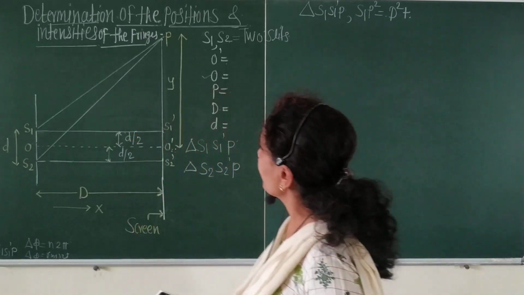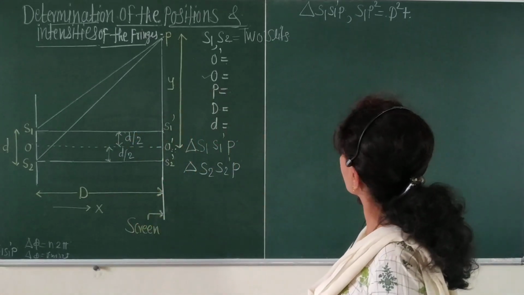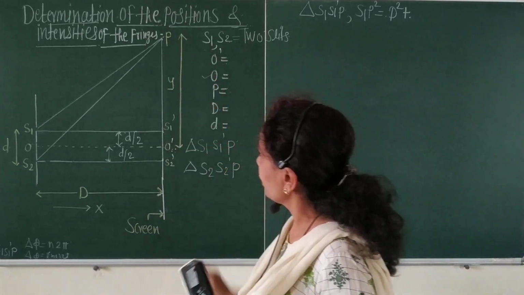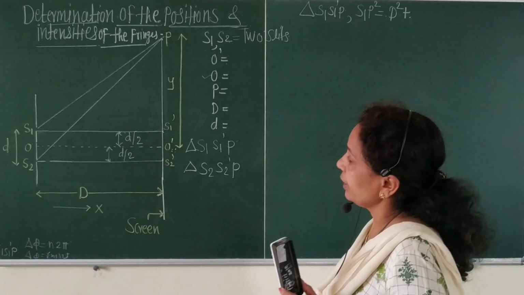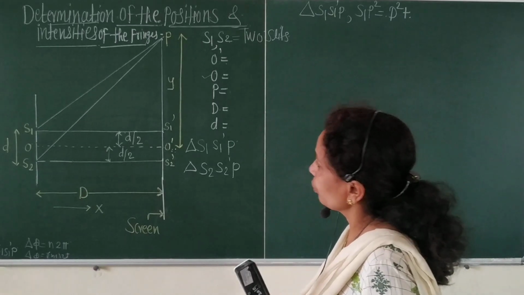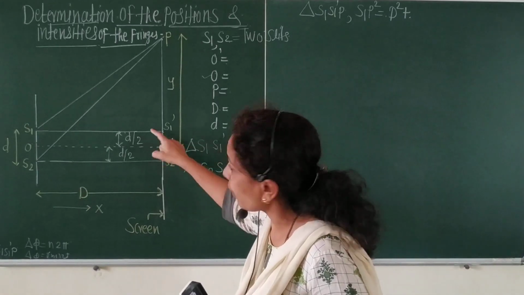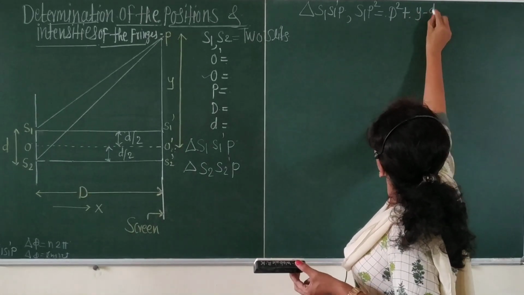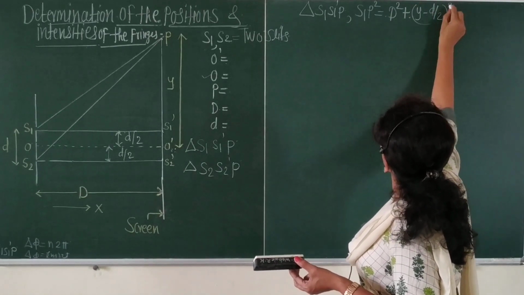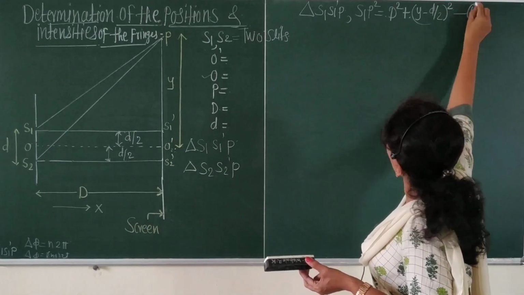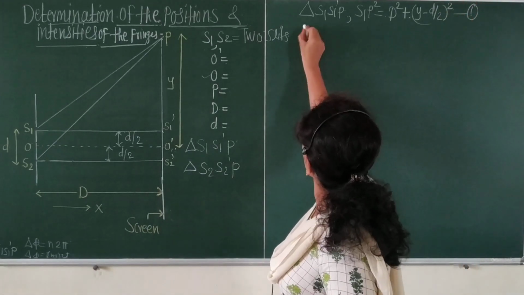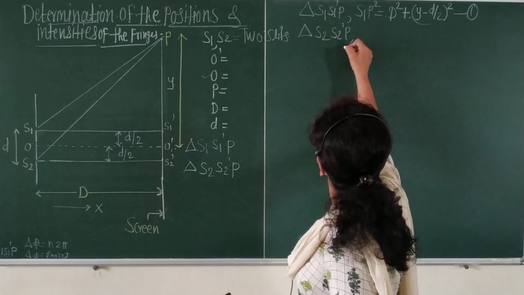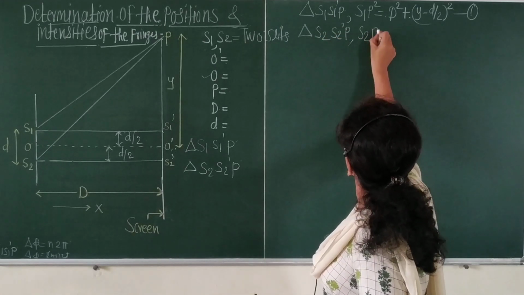Now we have to calculate the distance S1 dash P. Total distance is y, so it is y minus d by 2. Therefore S1P square equals D square plus (y minus d by 2) whole square. Say equation number 1. Now in the second triangle, S2, S2 dash, P, what is S2P square?